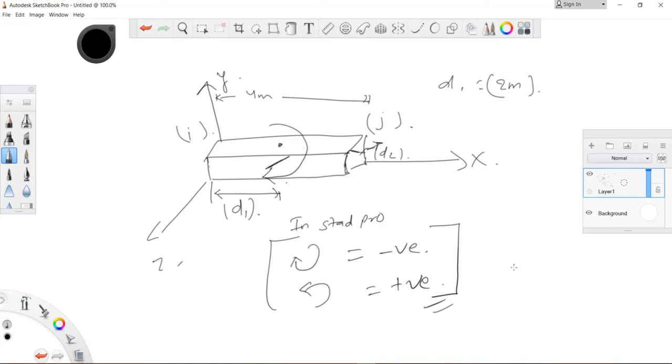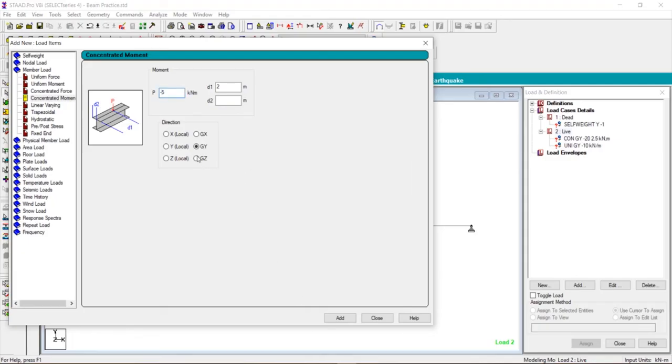I told you in case of the y-axis, if this is your axis and the moment is acting like this, it means that the moment acts about the y-axis, perpendicular to the axis. Here you can see that this moment is perpendicular to the z-axis, which means that we have to apply this about the z-axis. So GZ -5, 2 meters, click on add. After that, close this.